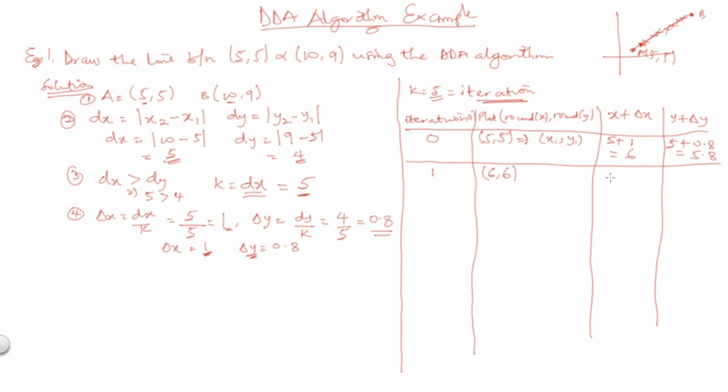So we have x plus change in x. X now is 6. Change in x is 1, so that makes it 7.